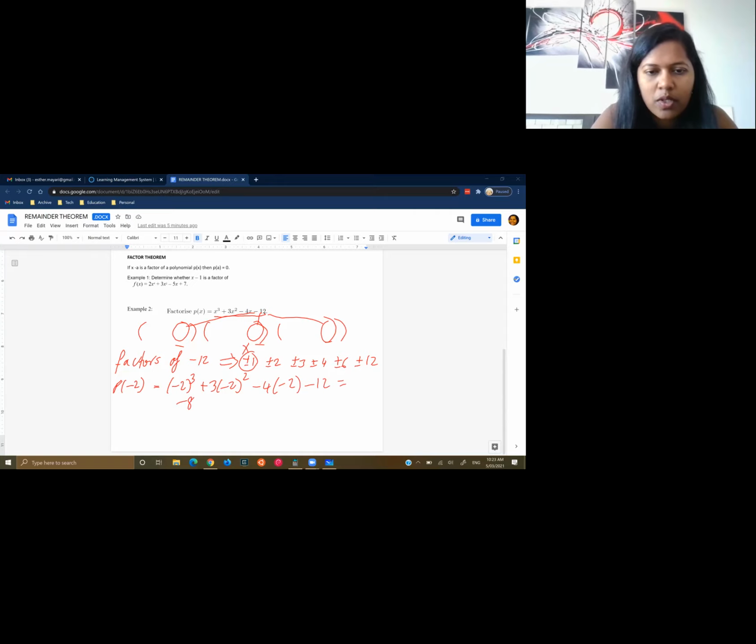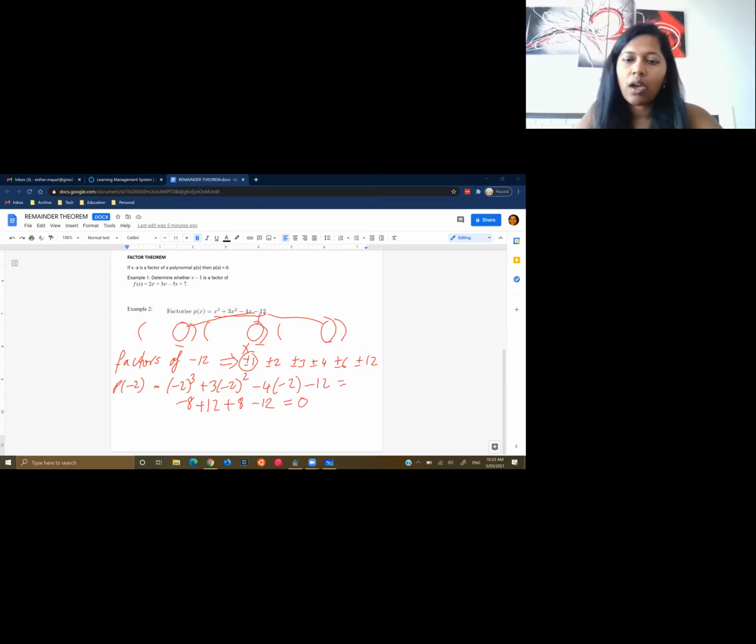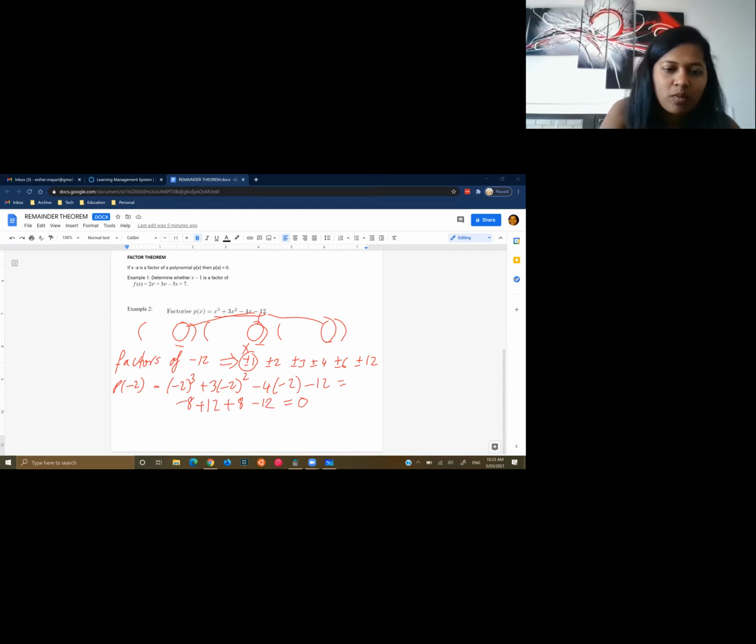That's 4 times 2, which is 12. And that's positive 8, and that's negative 12. That is 0. So when I substituted negative 2, I got 0. This tells me x plus 2 is a factor.